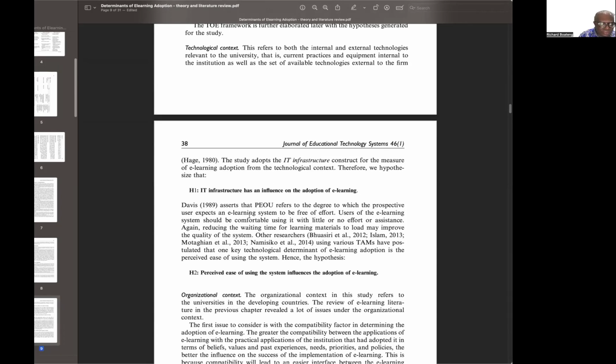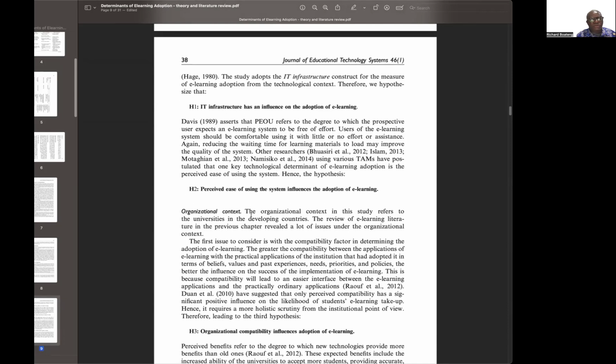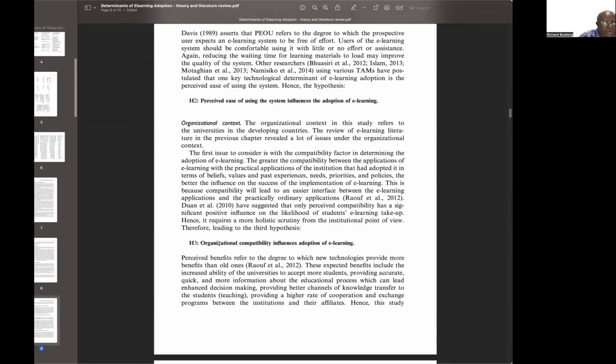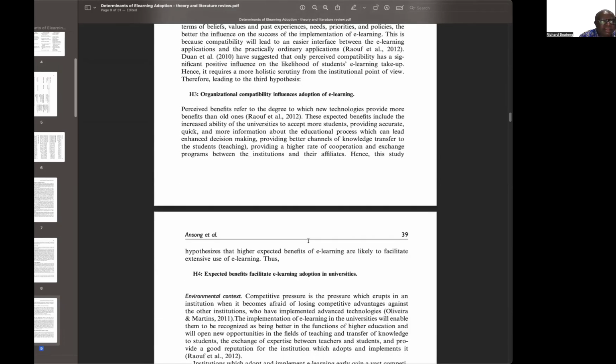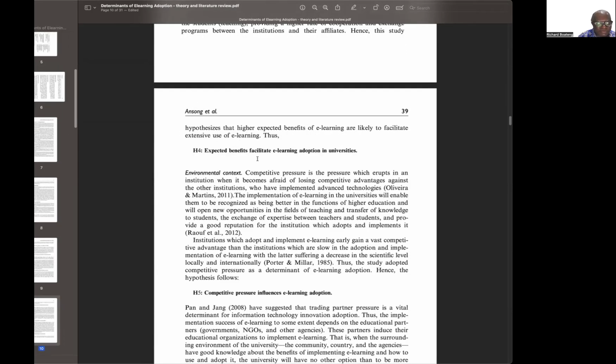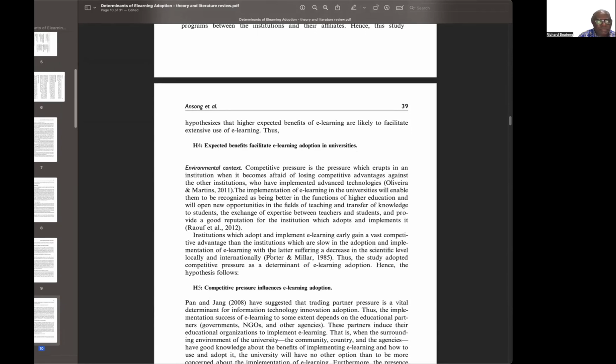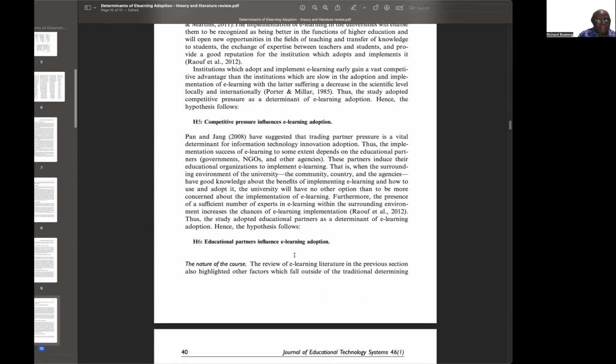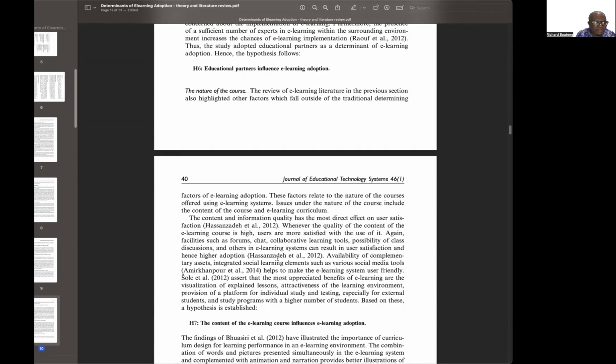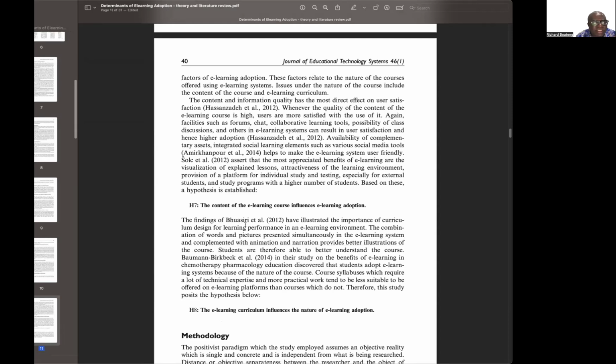Then in the organizational context, you have organizational compatibility with adoption of e-learning, and the expected benefits that you gain from e-learning. Then competitive pressures and how they influence e-learning, and educational patterns and how they influence e-learning. That's all coming from the environmental factor. Then the content of the e-learning course can also influence adoption.